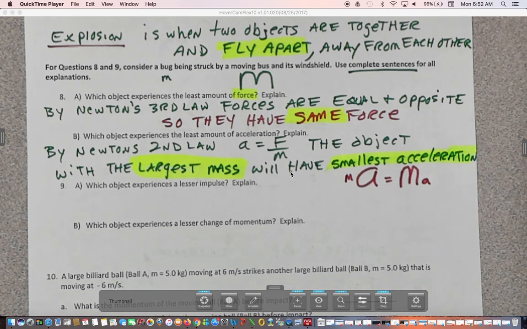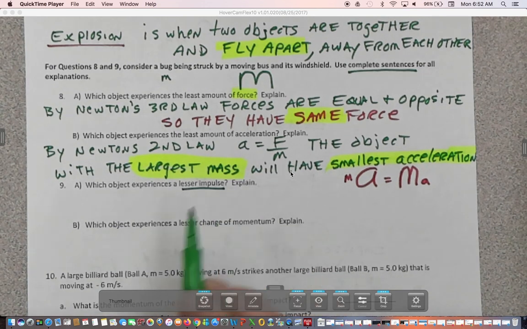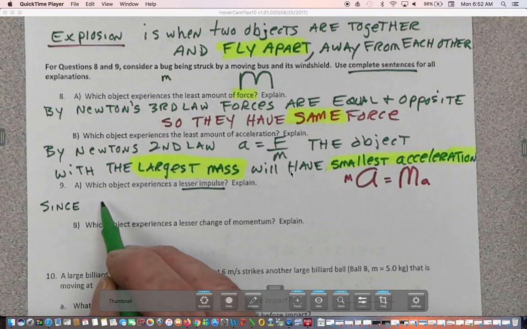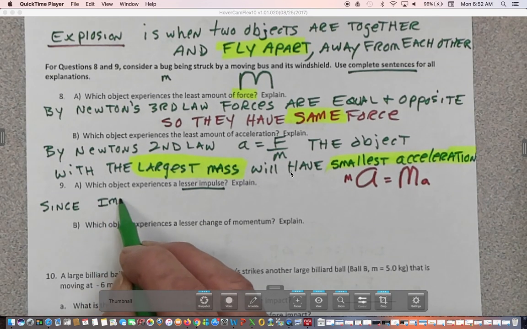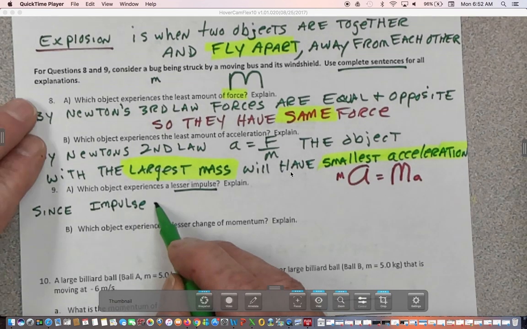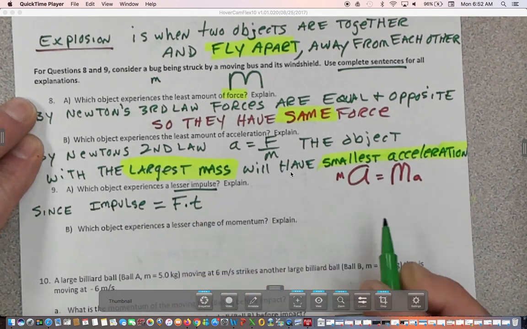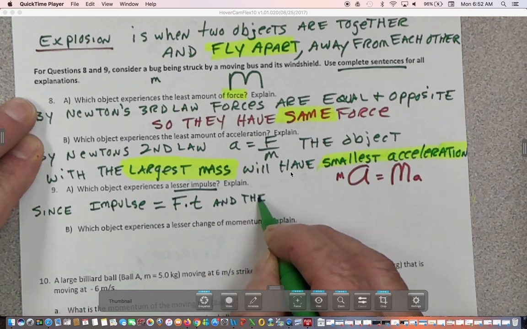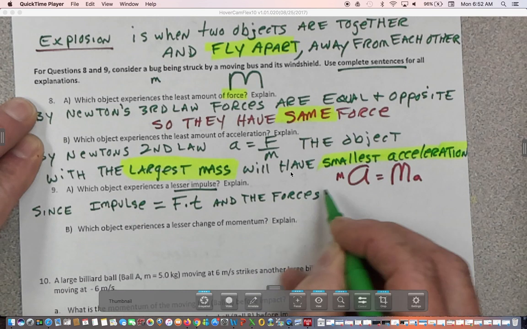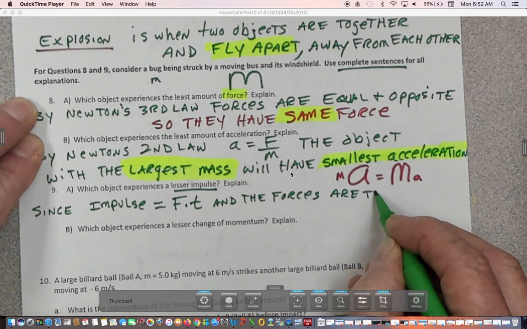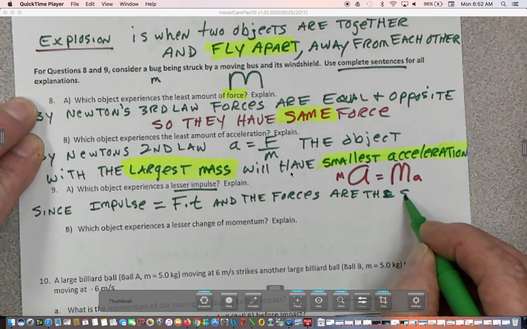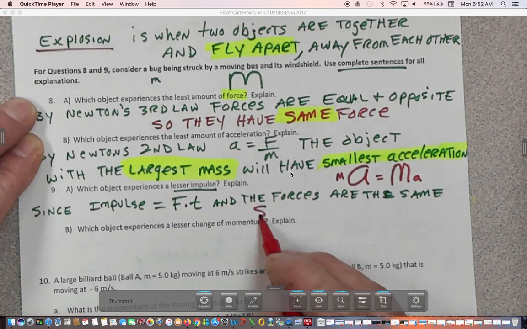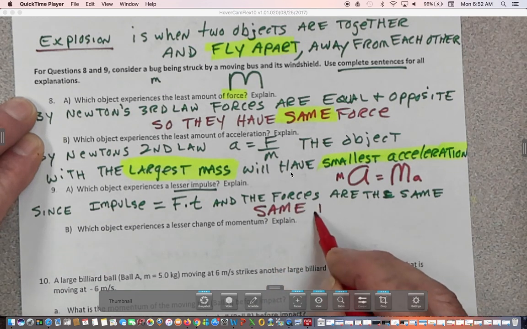Now this next statement is impulse. Since impulse equals F times T, and the forces are the same, they'll have the same impulse.